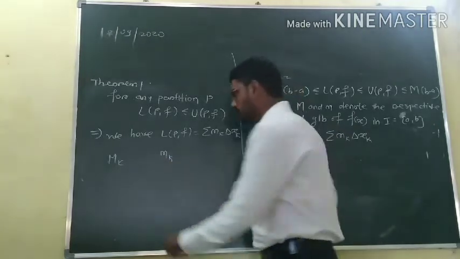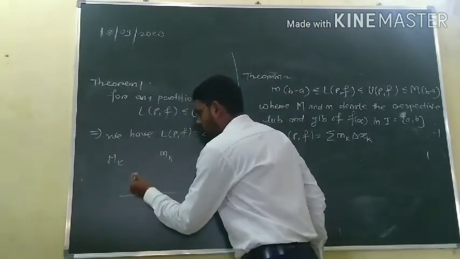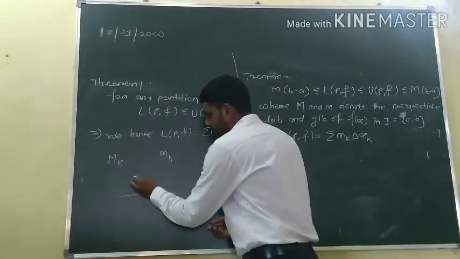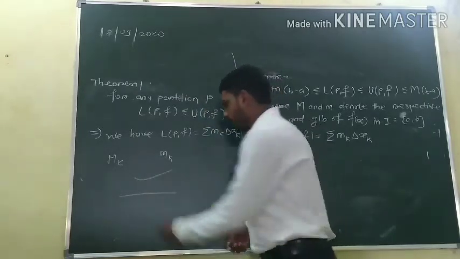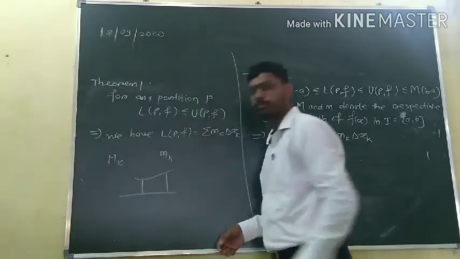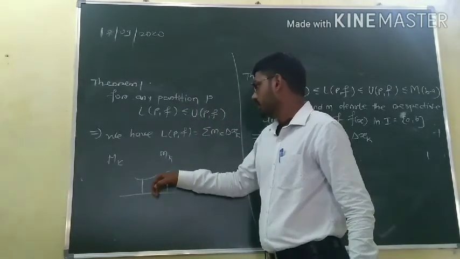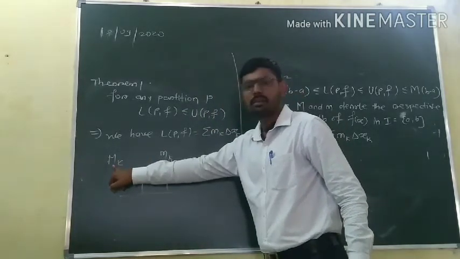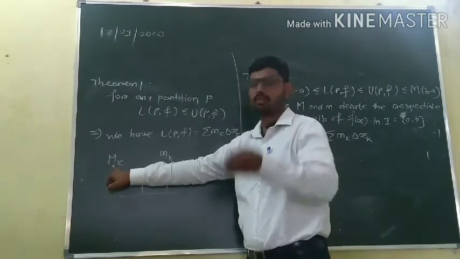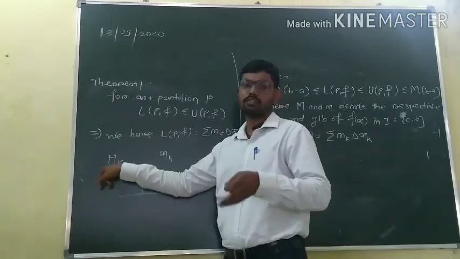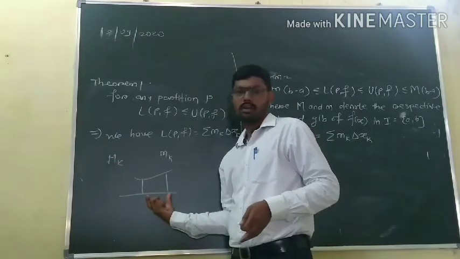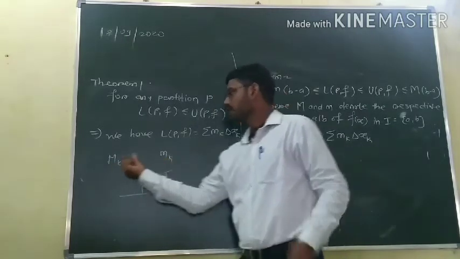Suppose this is the function, okay, and this is our interval. See, what does capital M mean? It is the least upper bound, that is the upper value of the function in that subinterval, and this is the minimum. This is the maximum value of the function.